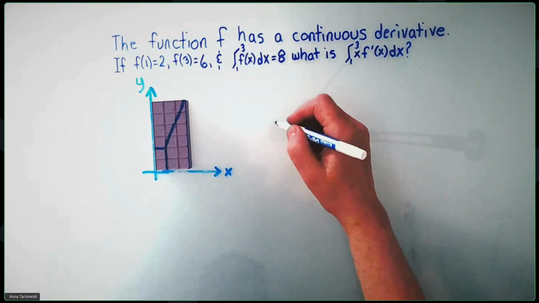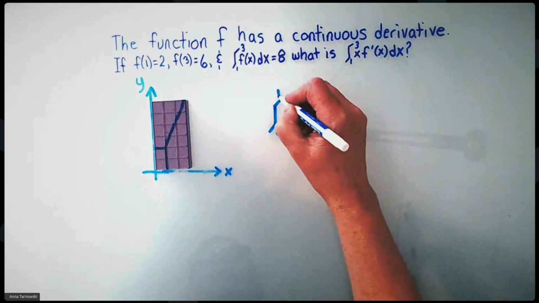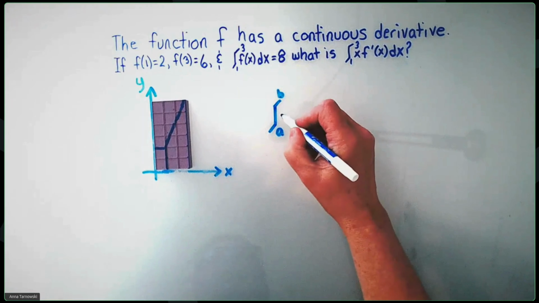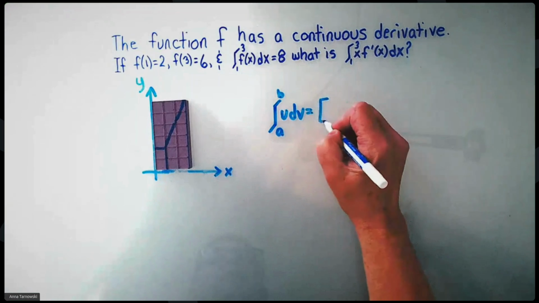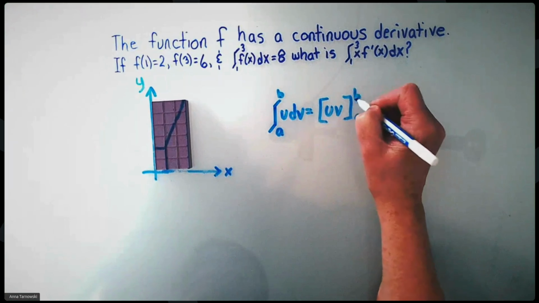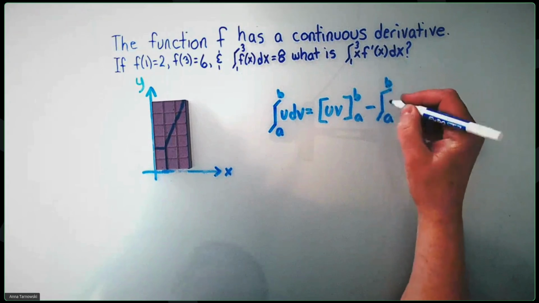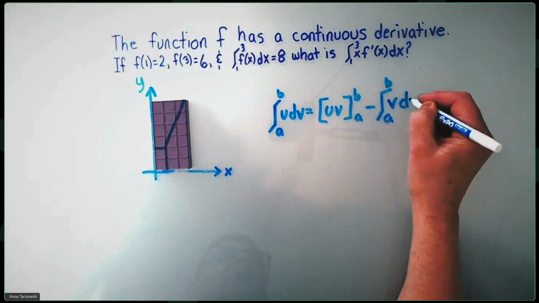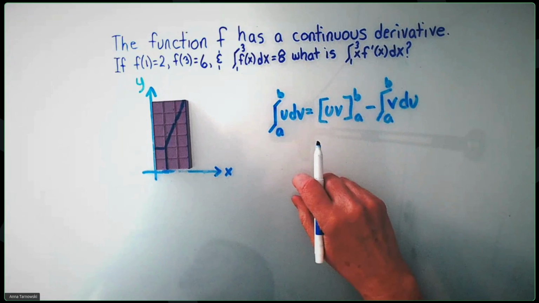Integration by parts basically is this. You have some starting point A, some ending point B, and the integral of u dv equals uv from A to B minus the integral from A to B of v du. It looks kind of complicated, right? But it's actually not that complicated at all.